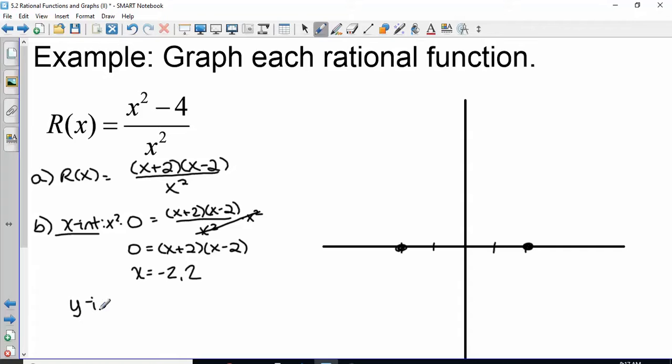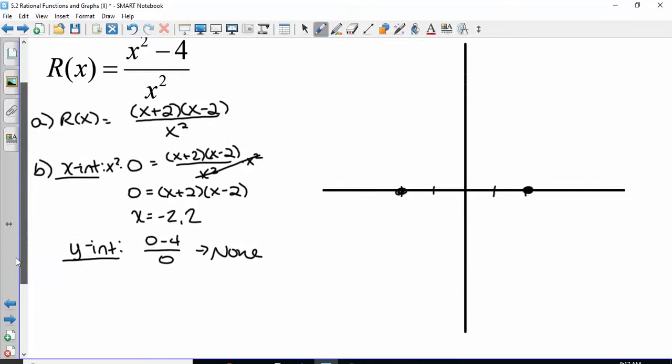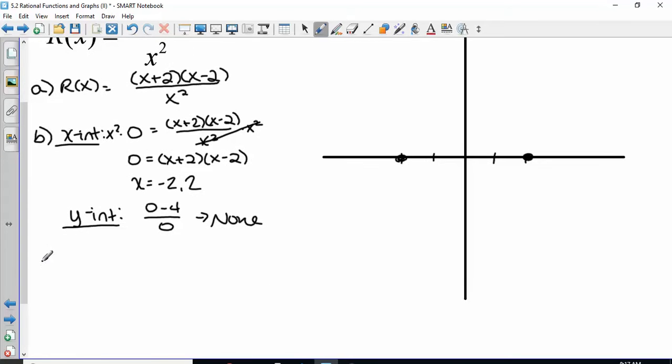Y-intercept is when you make your x's 0. You can do the original, you can do your factored, it doesn't matter a bit. But if I get 0 on the bottom, can we do that? No. So there is none. We're never going to hit the y-axis here. Vertical asymptotes.